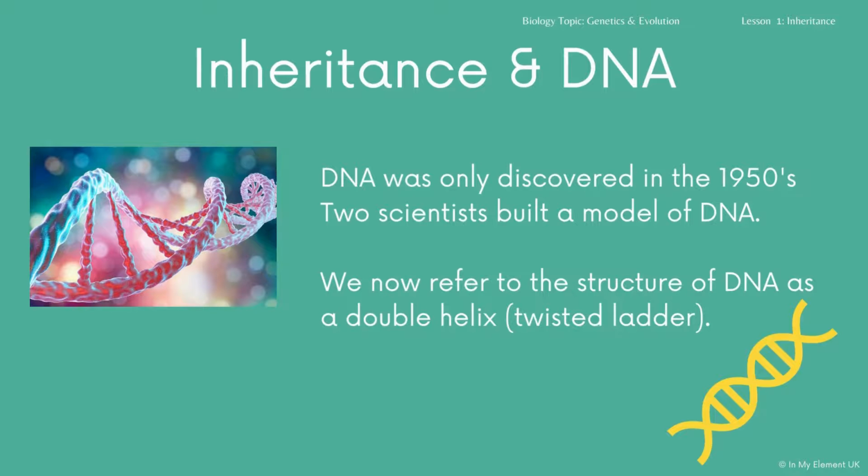They were the ones that showed us these two chains, two sides, into the twisted ladder. They put loads of information together to present us with this. At Key Stage 4, you'll go on to learn a lot more about what's actually held within here and what these rungs are. We don't need to know that at this level.